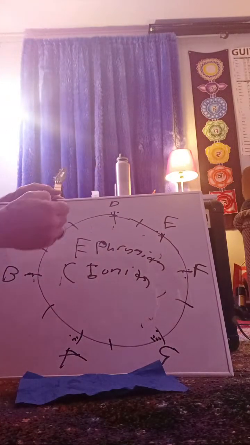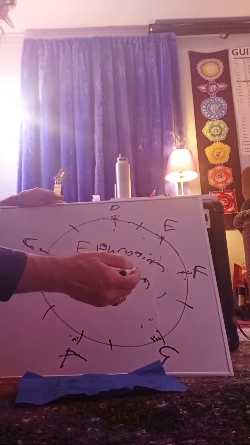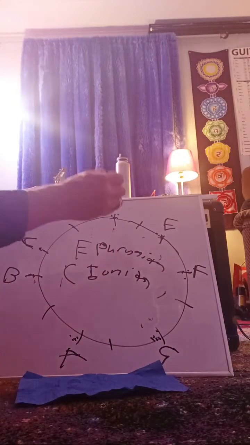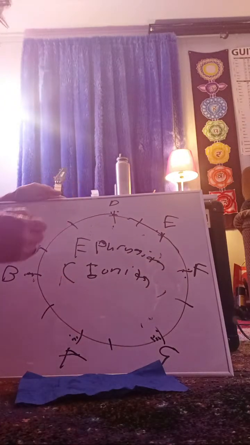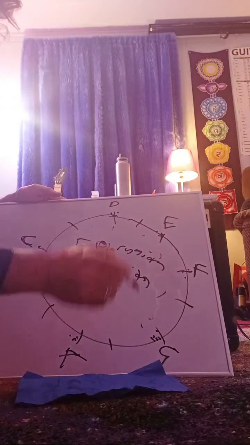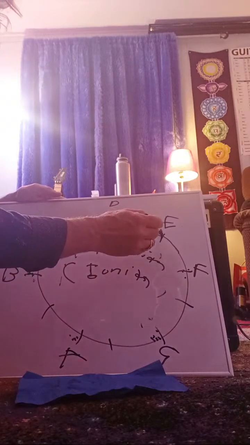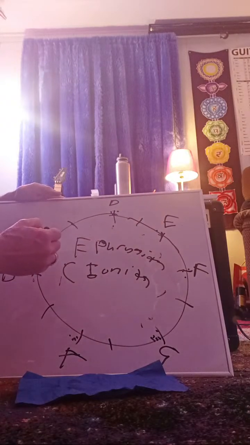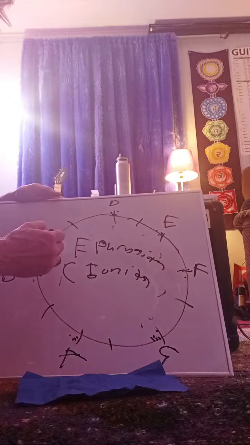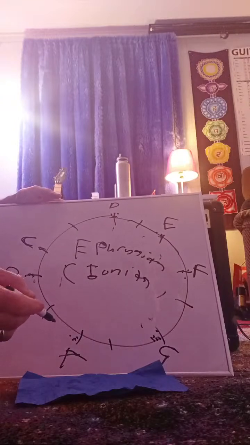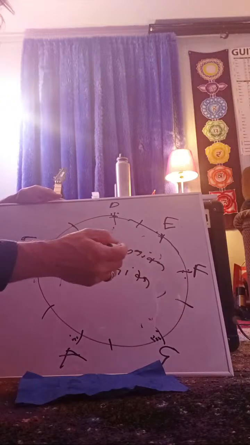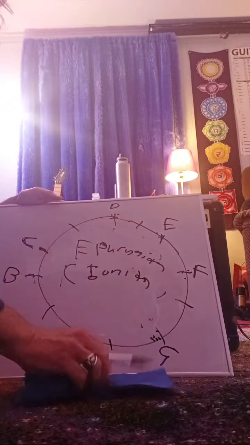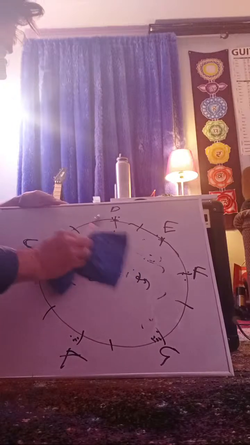So therefore, E Phrygian is the negative harmony of C Ionian and vice versa, because the Phrygian going up is the same intervals as Ionian going down, and also for that matter, Phrygian going down is the same intervals in the same order as C Ionian going up. So you have C Ionian as a musical palindrome, a negative harmony of E Phrygian, and then so on with the other sets of modes.